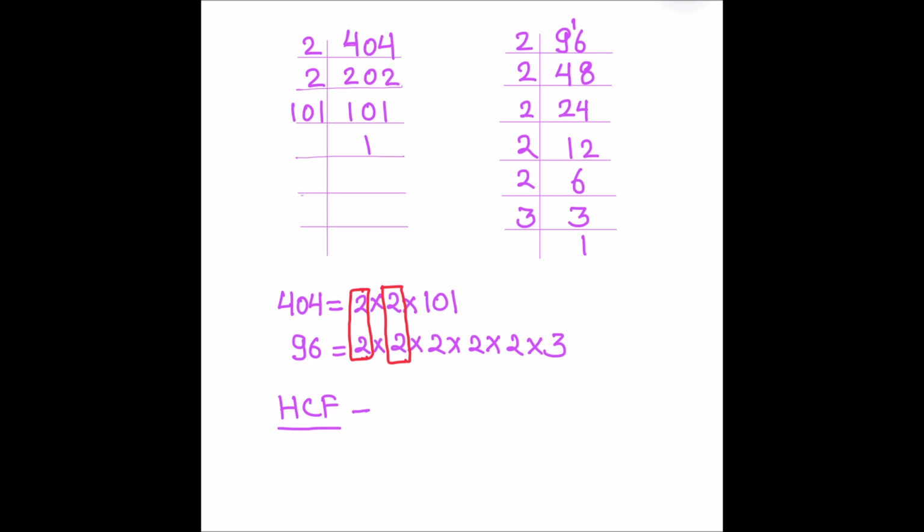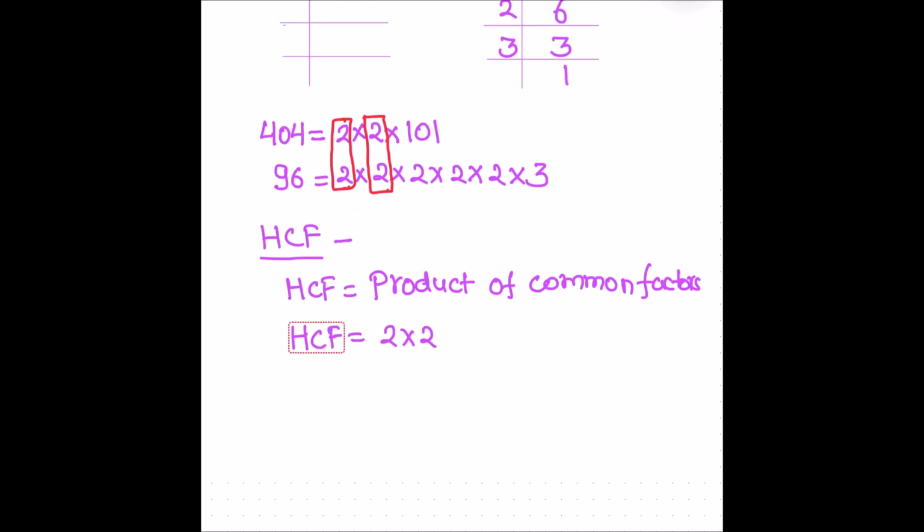And that's all. So the HCF of the two numbers will be the product of the common factors. So HCF will be 2 times 2, which equals 4. So the HCF of 404 and 96 is 4.